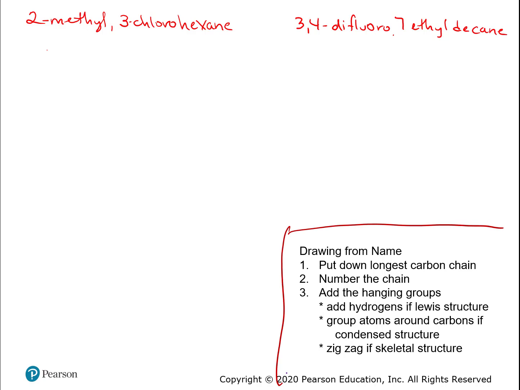I think it's easier to draw it from the name. What are you gonna start with? Hexane, right? You always look at the last word. The last word tells you the longest carbon chain, and now you get to put it in a nice straight line left to right. So this first one is hexane. I'm going to draw 1, 2, 3, 4, 5, 6.